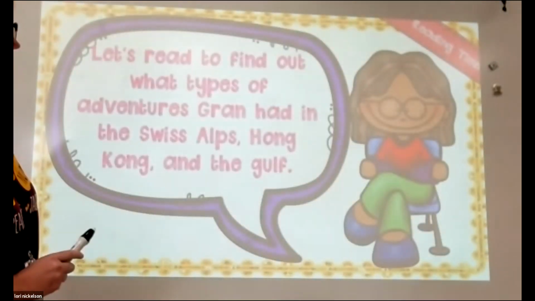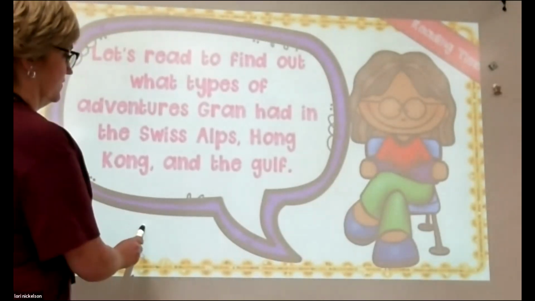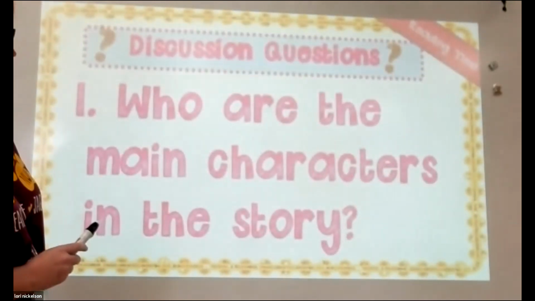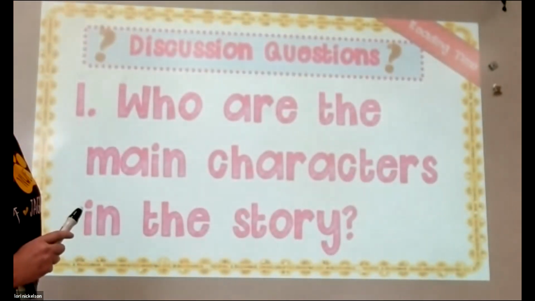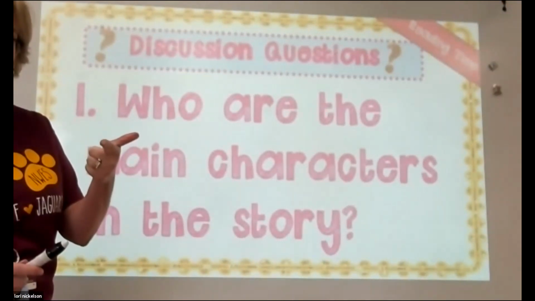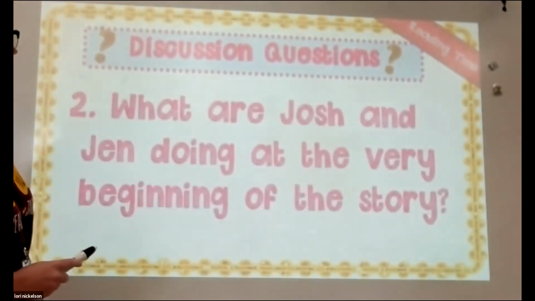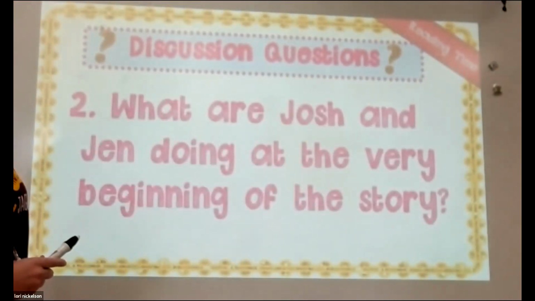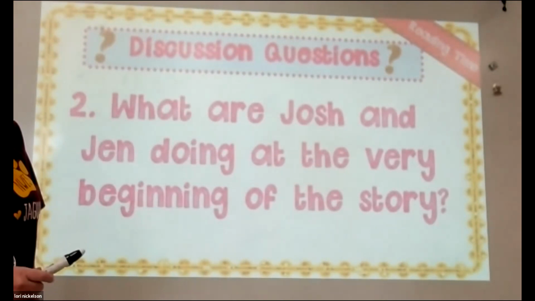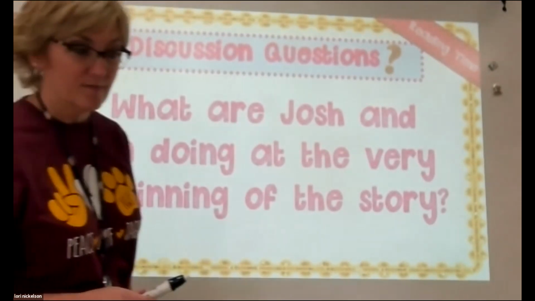So we read to find out what types of adventures Gran had in the Swiss Alps, Hong Kong, and the Gulf. So who were the main characters in our story? Gran, Jen, and Josh. Yes. What are Josh and Jen doing at the very beginning of the story? Were they waiting on Gran to arrive?